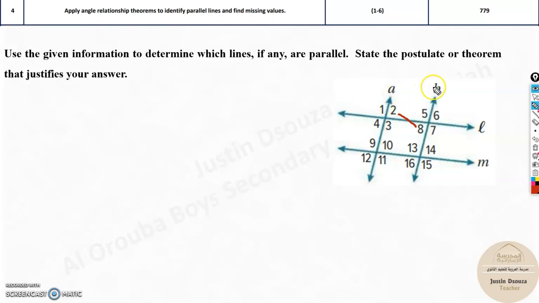So if A and B are parallel, then I can say 2 and 8 are congruent. They are the same. Why? Because they are alternate interior angles. Or if anyone tells you these both are congruent angles, 2 and 8, then you can tell A and B must be parallel because it's the converse of the alternate interior angle theorem.